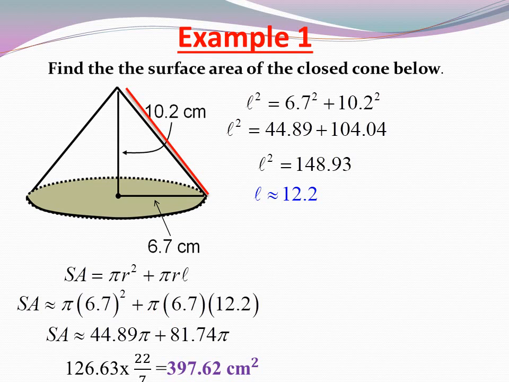In this case, the surface area will be pi times 6.7 squared plus pi times 6.7 times 12.2. And finally, that will give you the total surface area of this cone as 397.62 centimeters squared.